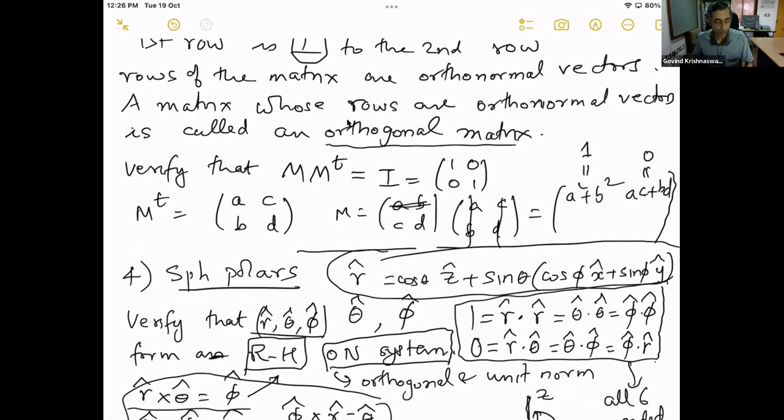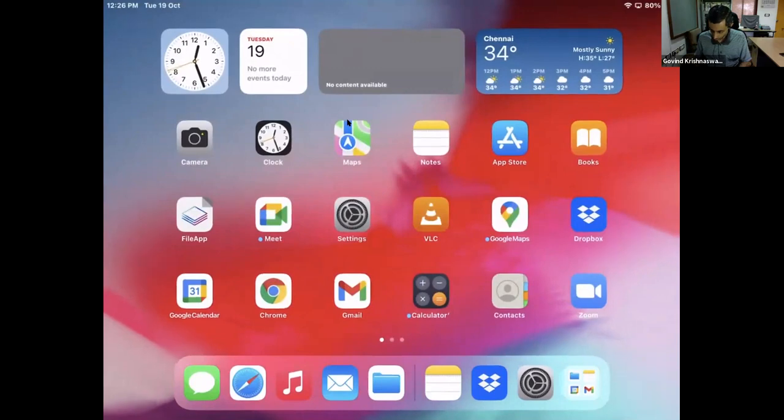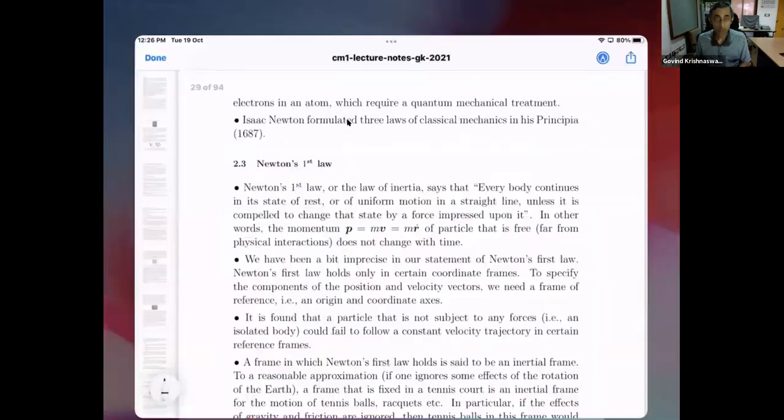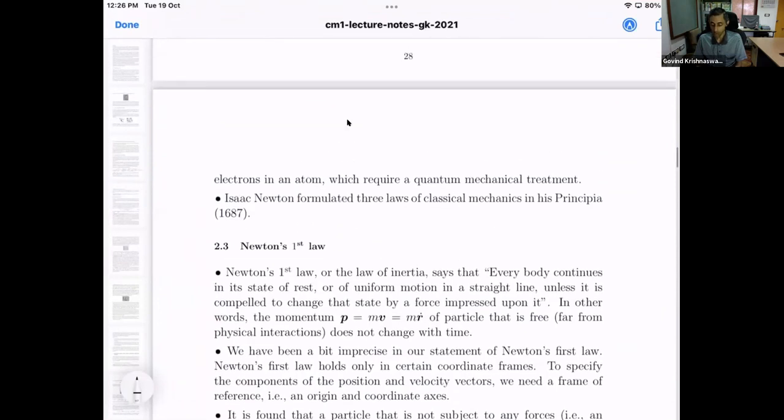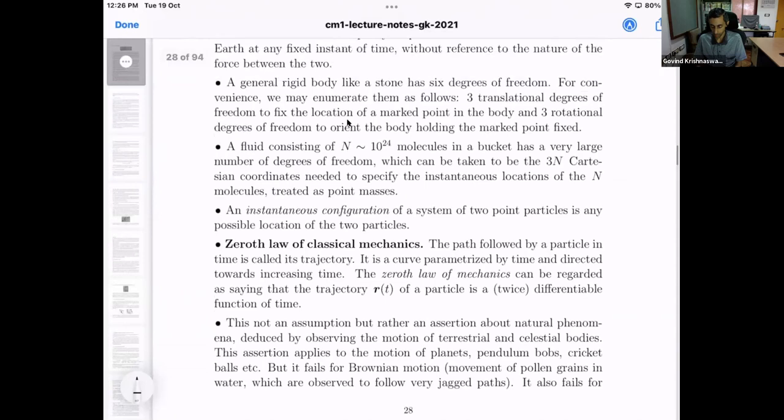If not, let me now return to our discussion of Newton's laws and the like. Last time, which was a whole week ago, we talked about the number of degrees of freedom of a system.